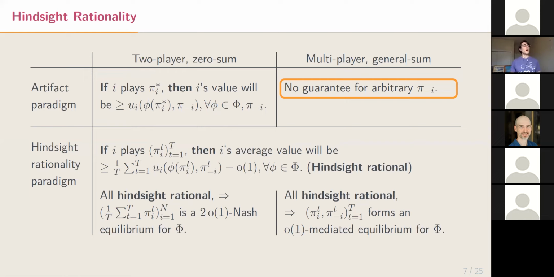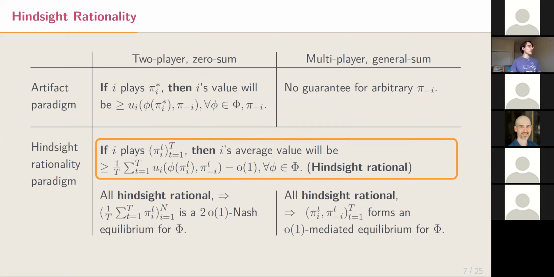But as we saw, there's no such guarantee for arbitrary other player strategies in multiplayer general-sum games, and that's why we were trying to move away from the equilibrium paradigm. And so the hindsight rationality paradigm gives us this, in that we now have a statement about the rationality of a learner, a dynamic adapting learner, for any game.